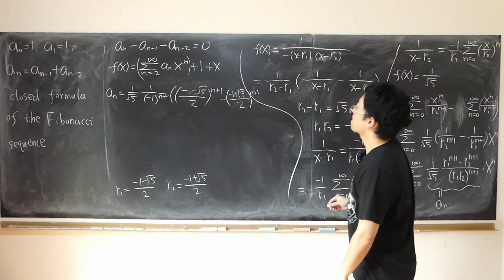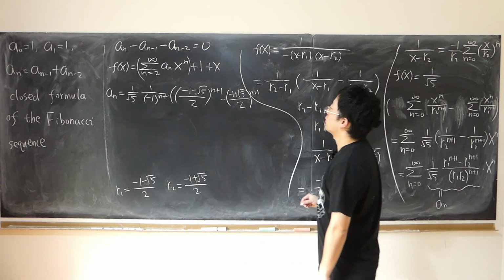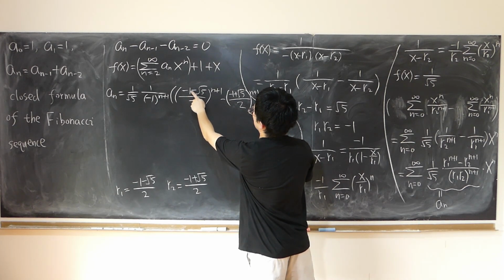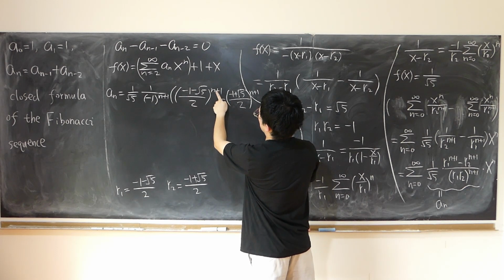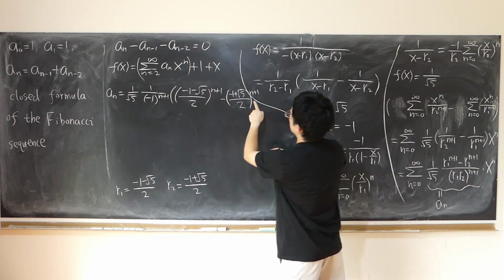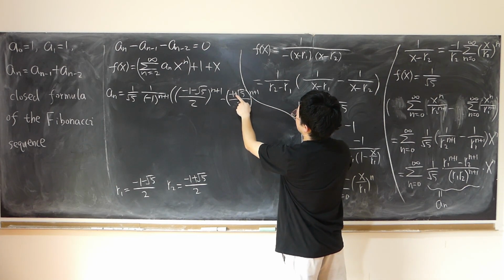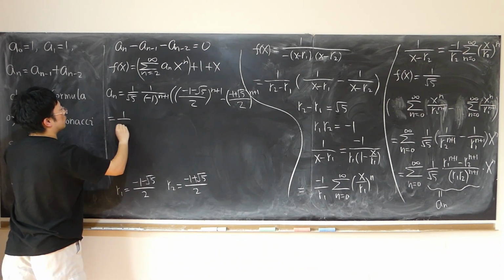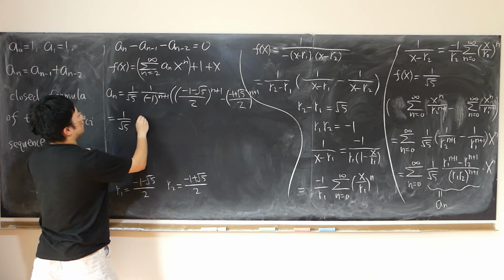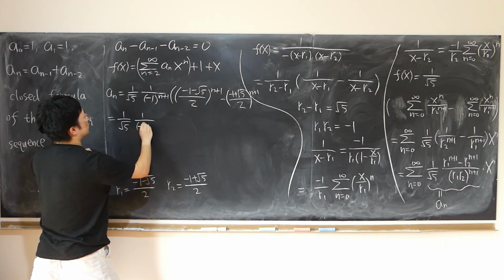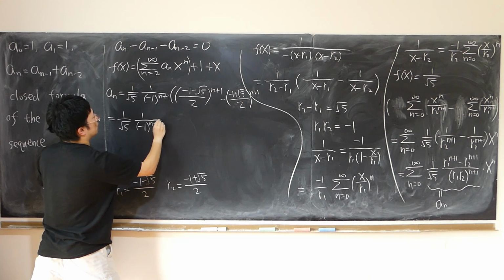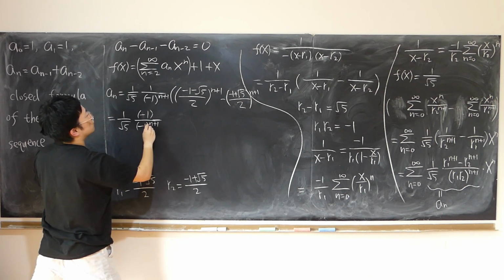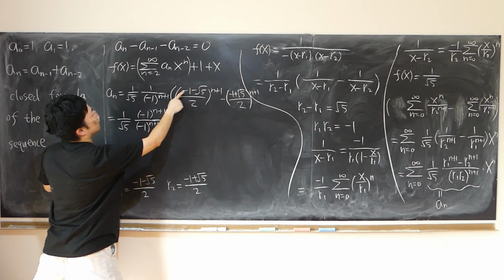But I can somehow factor out the negative 1 here. Factor out negative 1 out here, but negative 1 to the n plus 1 distributes to the negative 1. Right, that's the power. So this power distributes to this negative 1, negative 1 factored out. So I can still rewrite it as 1 over square root of 5, 1 over negative 1 to the n plus 1. Like I said, again, I factor out the negative 1 to the n plus 1 out of here.